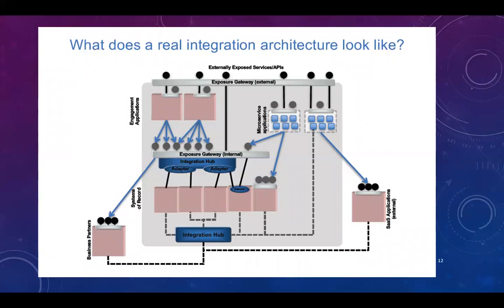To the outside world, they are exposed via the exposure gateway, or the enterprise gateway. The gateway is the one which exposes the services outside. In the same way, if you want to expose the services internal to the company, you would have an internal gateway. In this architecture, all the architectures and designs that we talked about are incorporated in this single picture.